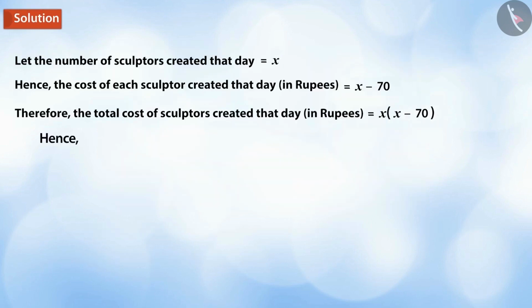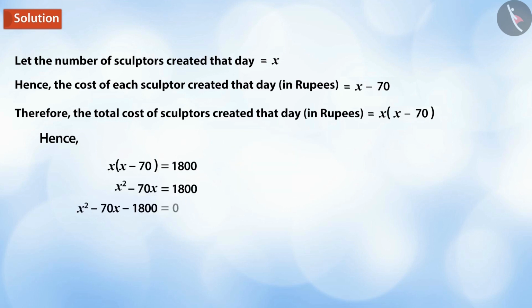To find the number of sculptures, we first need to make a quadratic equation. Pause the video and match your equation. With the help of the above information, let's solve the quadratic equation further.